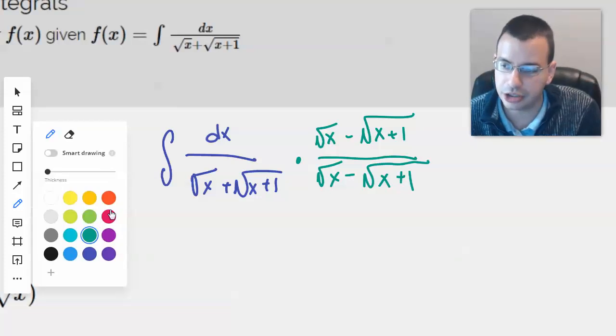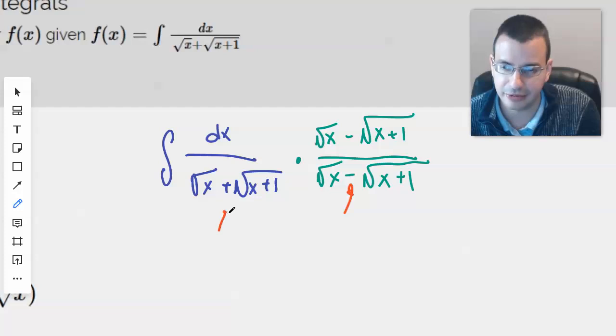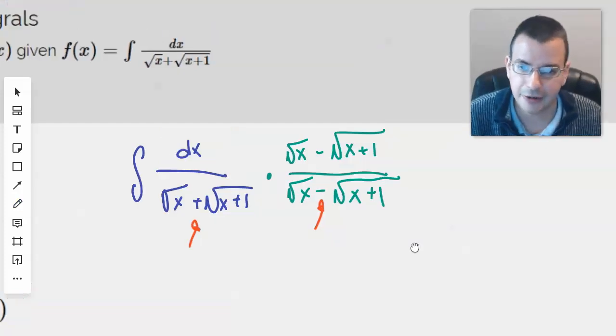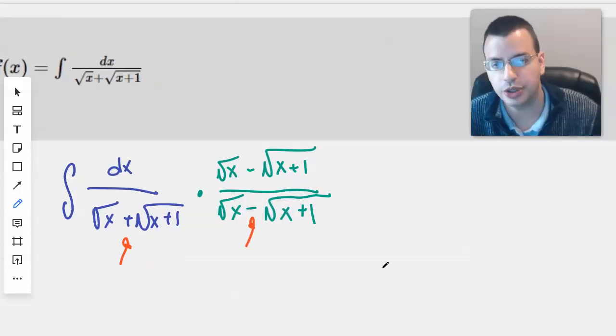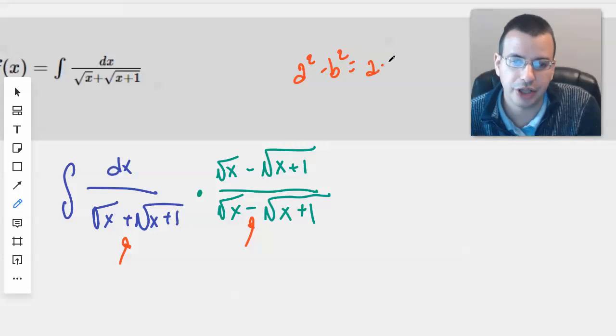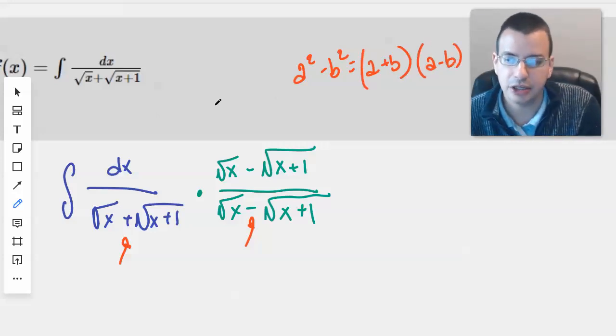When you hear the term multiply by the conjugate, what they're talking about is that sign: the positive turns to a negative, and you multiply by that. This is the same idea as the difference of squares, where a squared minus b squared equals a plus b times a minus b.